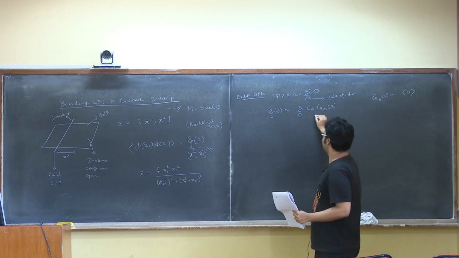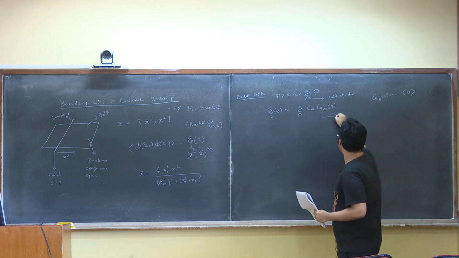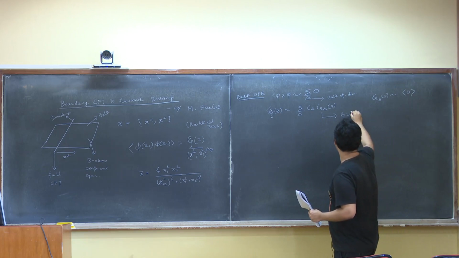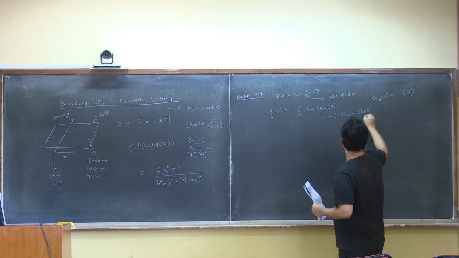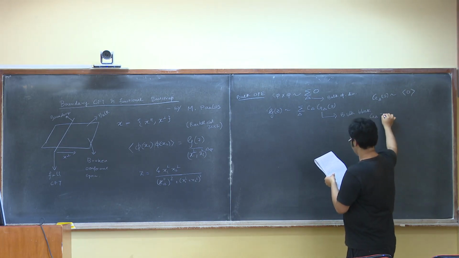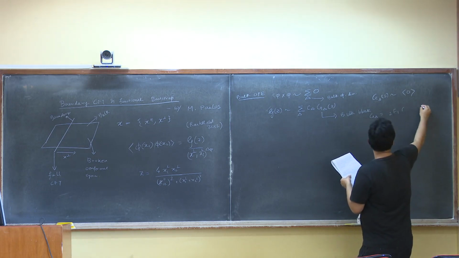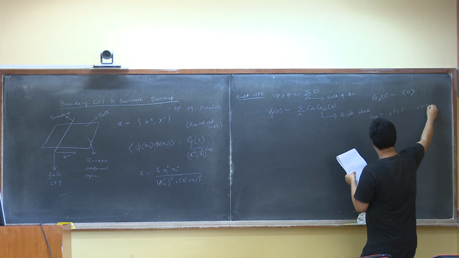So this guy is g of delta of z, which I call the bulk block, and it can be written as a 2F1 function evaluated at 1 minus z.